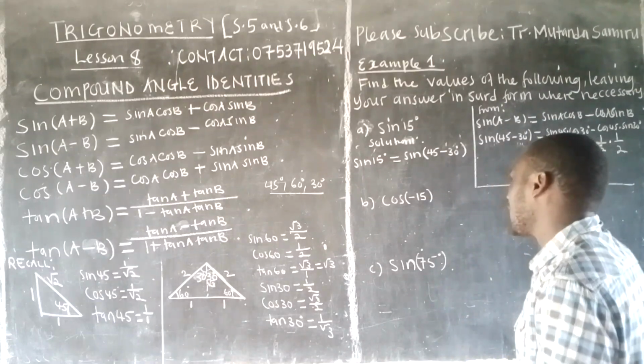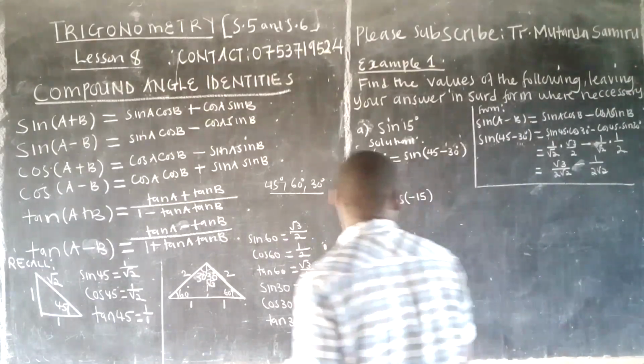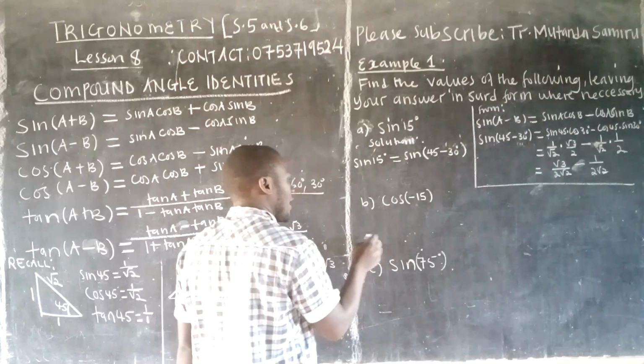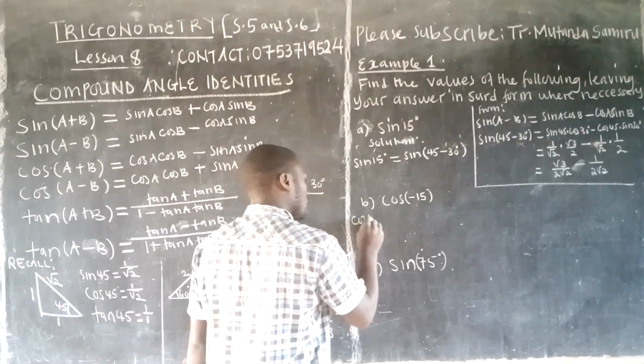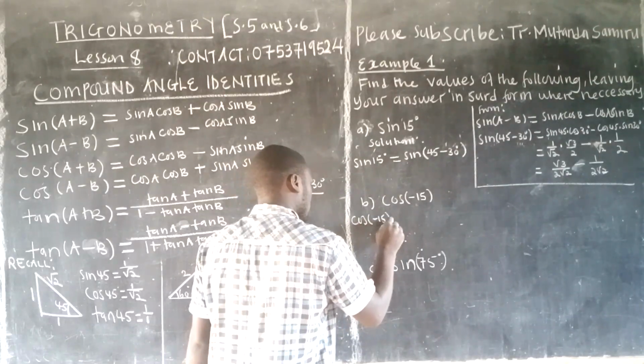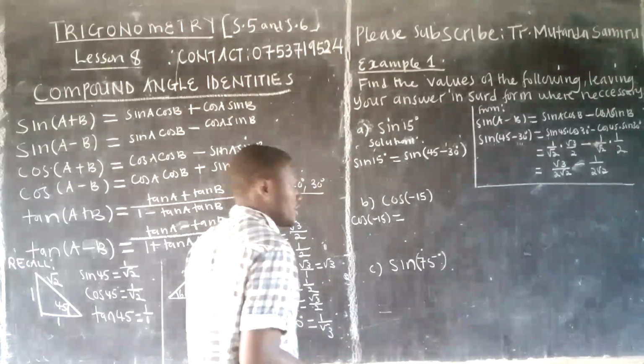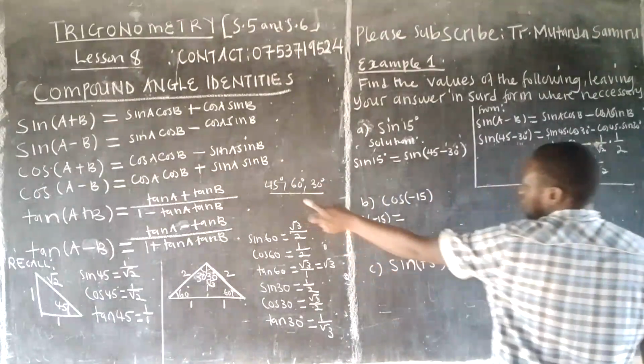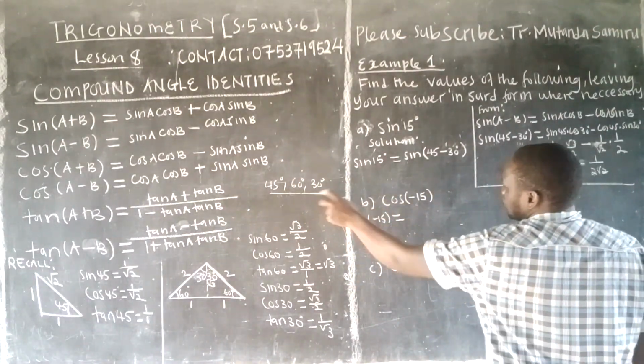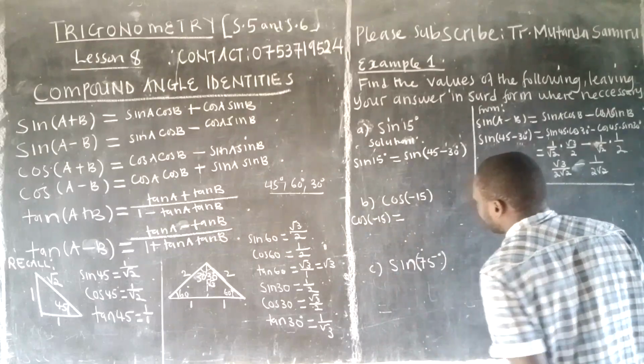Next, we have cos of negative 15. How did this one come about? From these special angles, which of the two do we add or subtract to get negative 15?